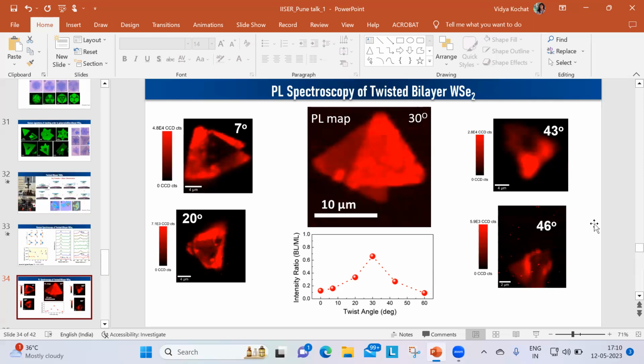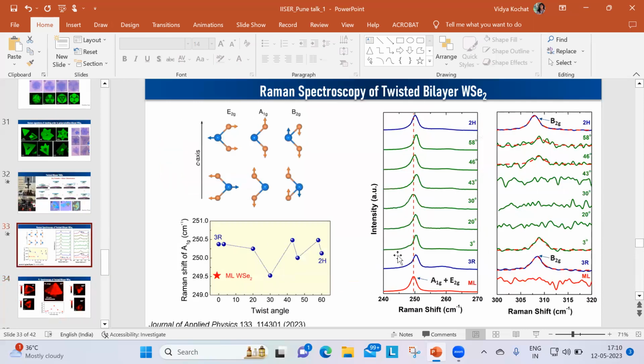So you said that the resonance Raman resonance wavelength you were choosing by matching the energy of the C exciton and the excitation wavelength. Actually, in our case, in our Raman, we have only one laser, that is the 532 nanometer, and it happened to match with the WSe2 C exciton.